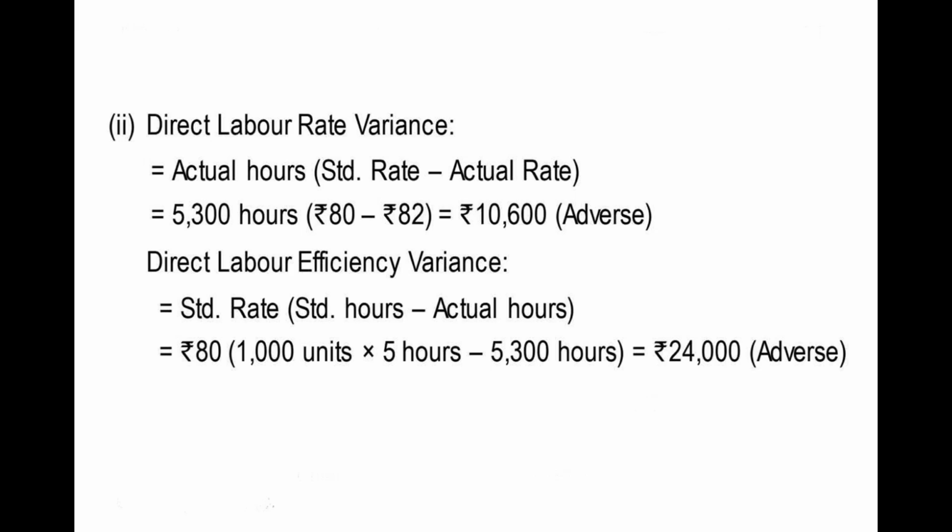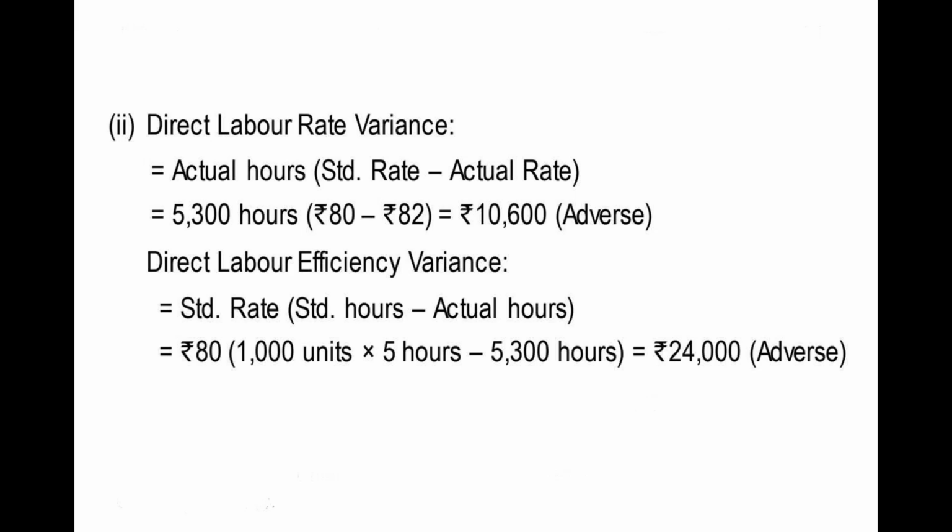So 80 minus 82 should be multiplied with the 5,300 actual hours taken for completing the final product. So the resulting figure is 10,600 rupees. 10,600 is also adverse to the company. Why? 2 rupees is paid more than the standard.